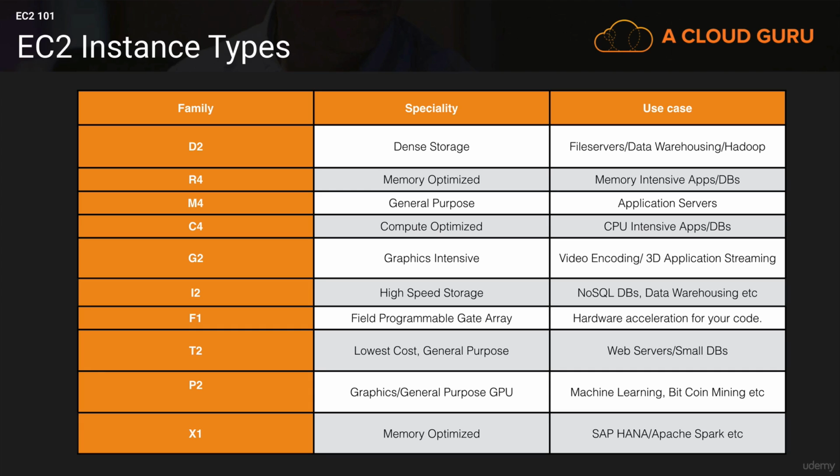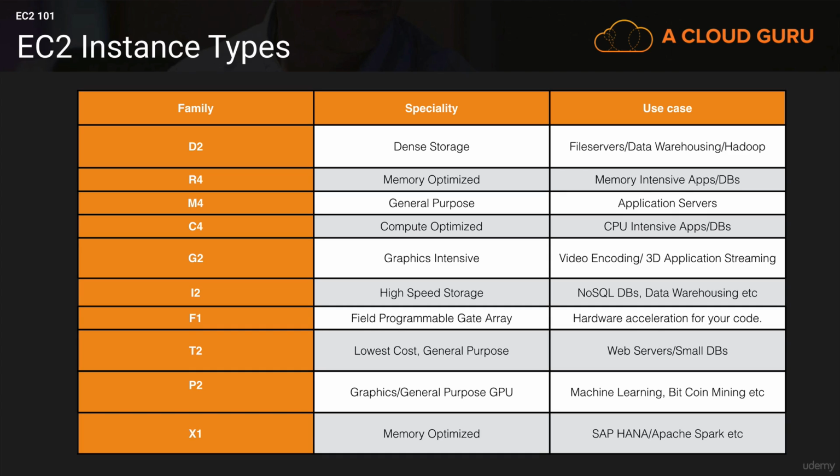We then had M4. M is just general purpose applications, typically your application servers, and we typically use T2 micros throughout every lab in this course, but M is what you would use in production. So it's a good all-round virtual machine.